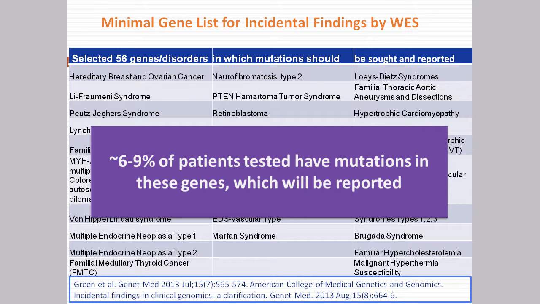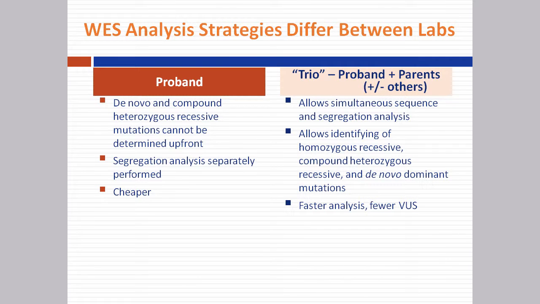There are also some differences between the labs that provide exome sequencing. So for example, you can just test the proband alone, as in the one example I showed you first with SCID. And this is usually cheaper because you only sequence one person. However, it's not possible to immediately determine if you have a de novo mutation or a compound heterozygous mutation.